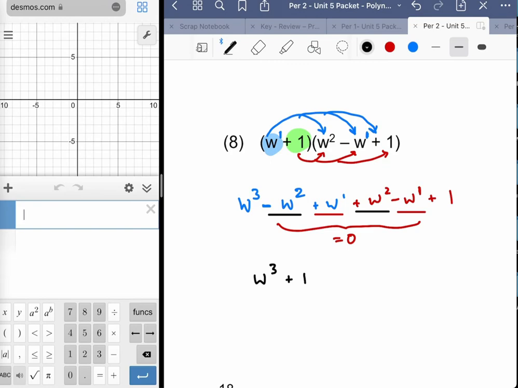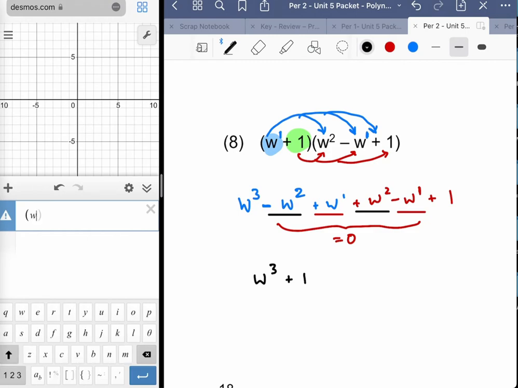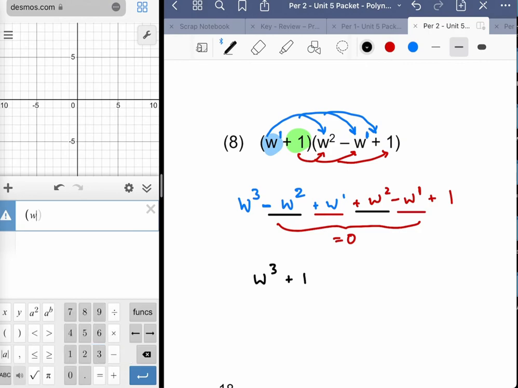There's always the technological approach, right? You can always go back to the calculator to have a look and see if what you just came up with is equivalent to what you started with. It can be tedious from time to time, and you could use x's instead of w's. So I'll try it with the w.